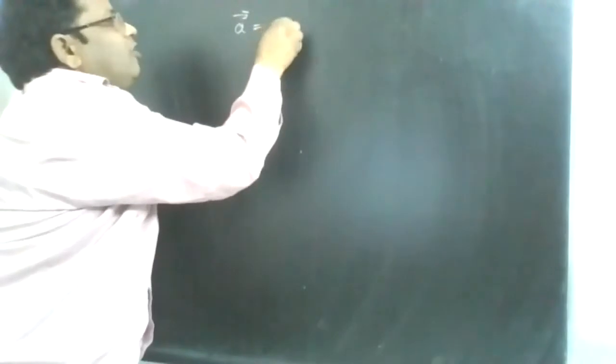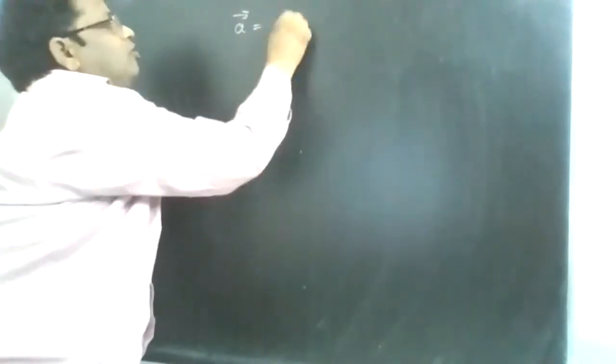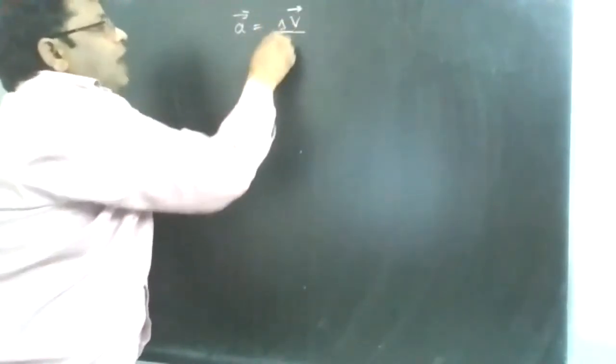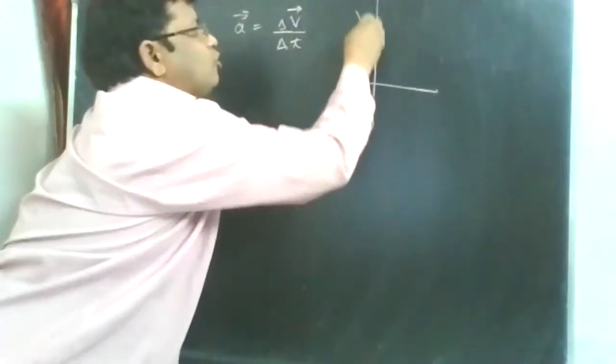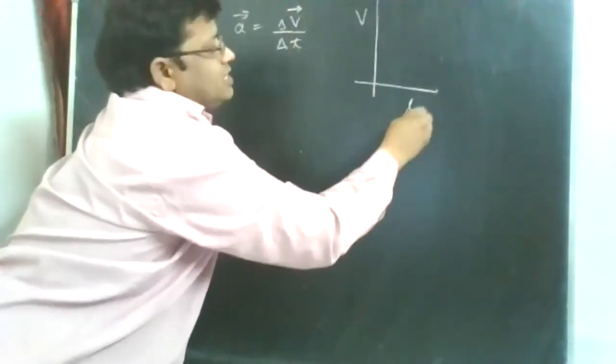Now you know that acceleration is equal to what? Acceleration is equal to change in velocity, rate of change of velocity with respect to time. See here, two things are there. If you see the graph, on y-axis, velocity is there. On x-axis, time is there.